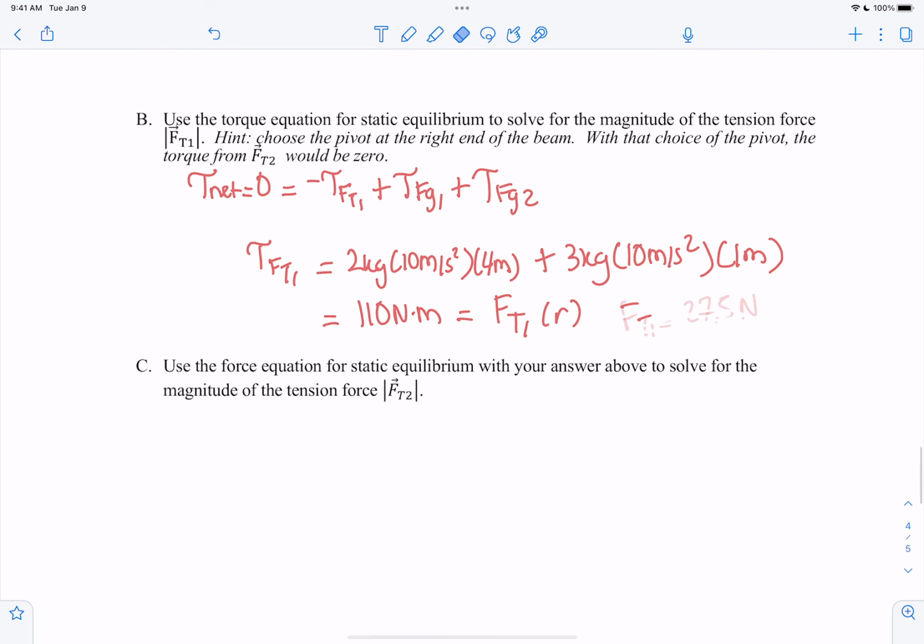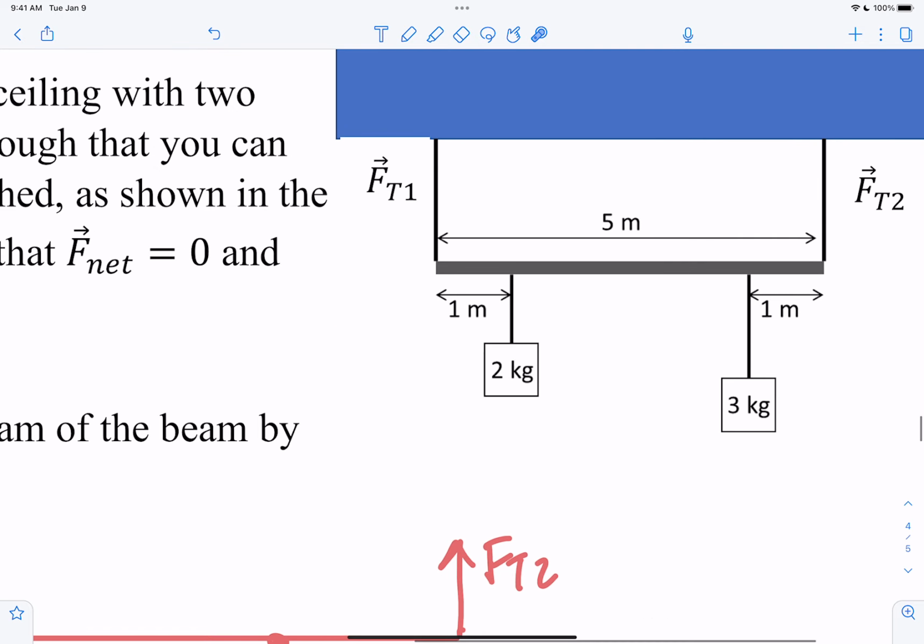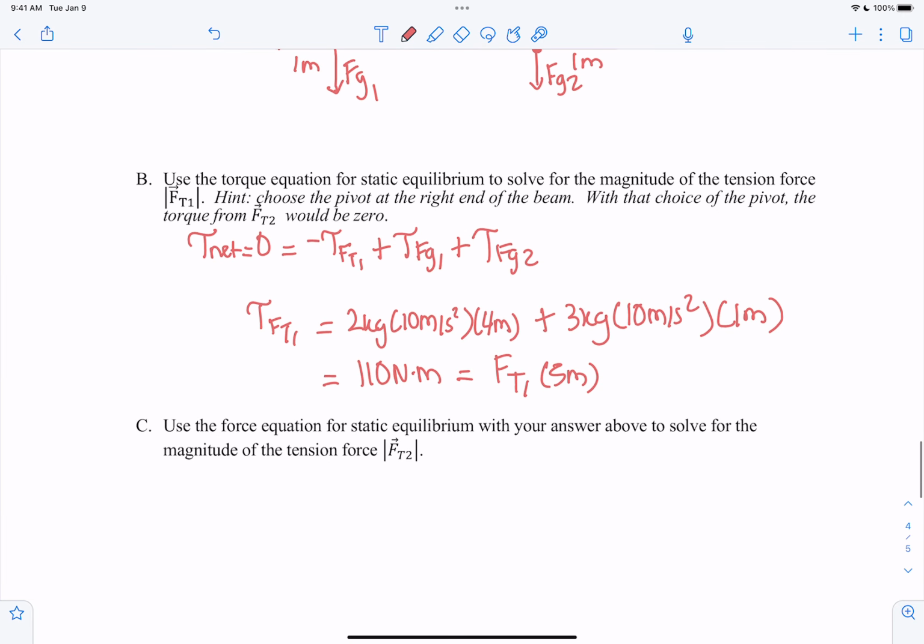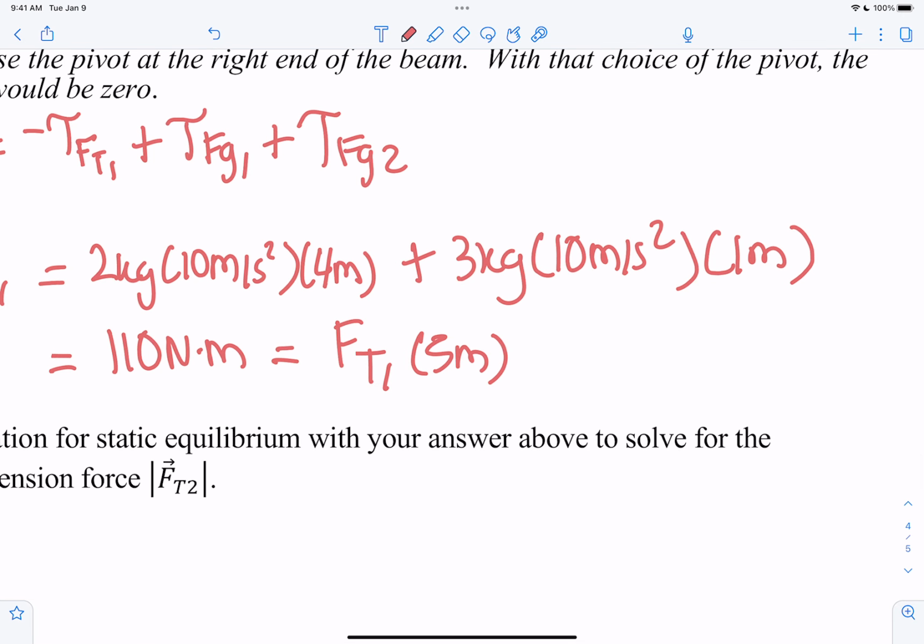See, now I knew something was off. It would be 5 meters, because I was thinking of this position here. I'm interested in FT1. I don't know why I did that. That's 5 meters for sure. So 110 divided by 5 should give us 22. Yep, okay. FT1 is 22 newtons.